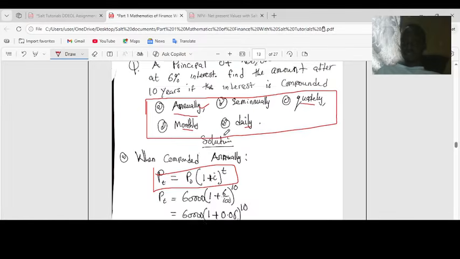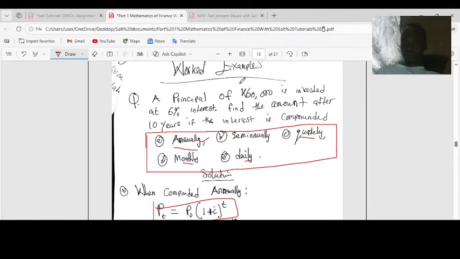You just find what your P0 is. P0 is your principal, in this case 60,000, invested at what interest rate? It's 6%. How many years? 10 years. So if it is compounded annually, P0 will be 60,000, i, 6%, will be written as 6 over 100, and T is the time in years, 10. Remember, time should always be in years.